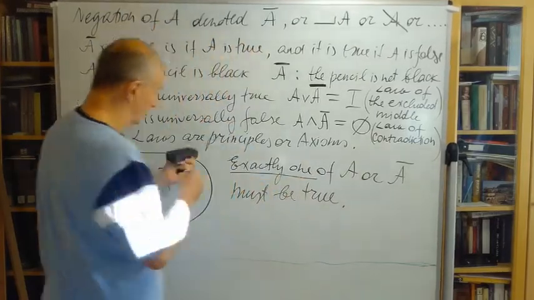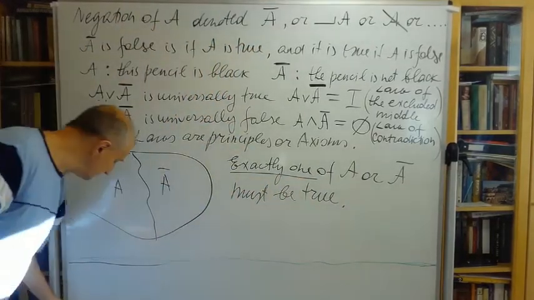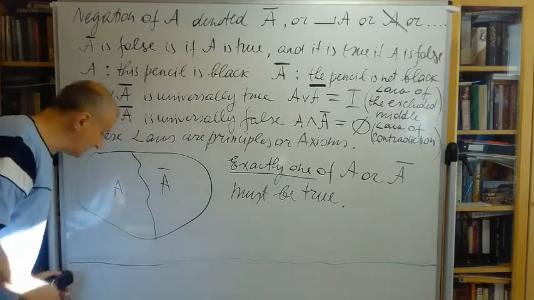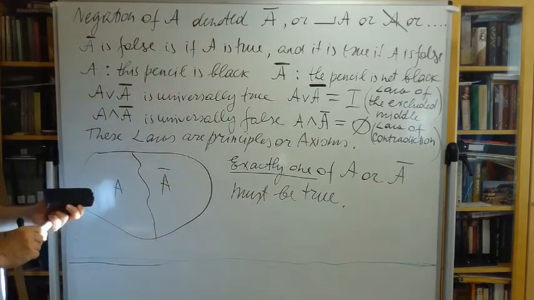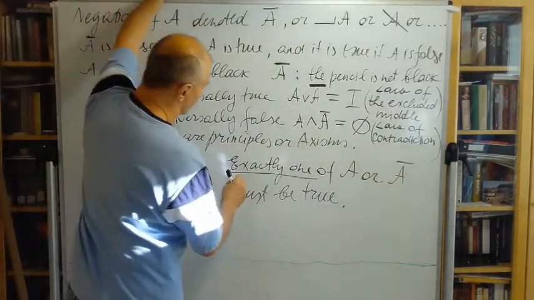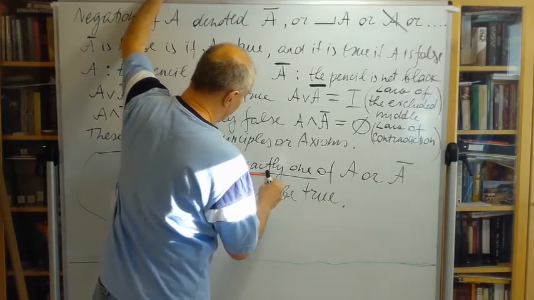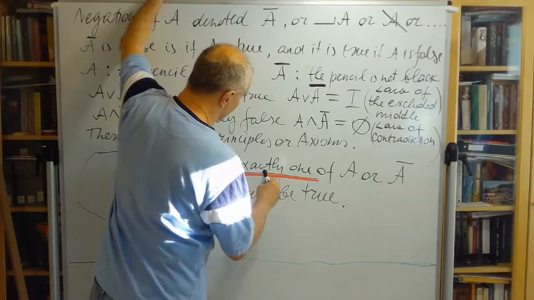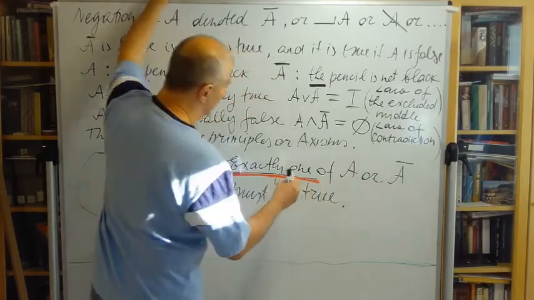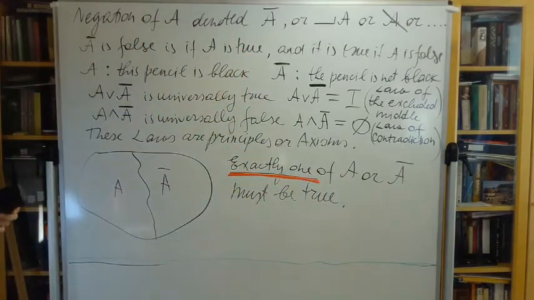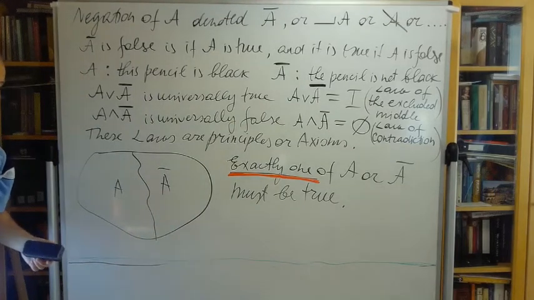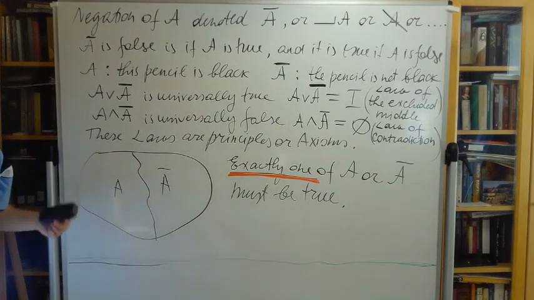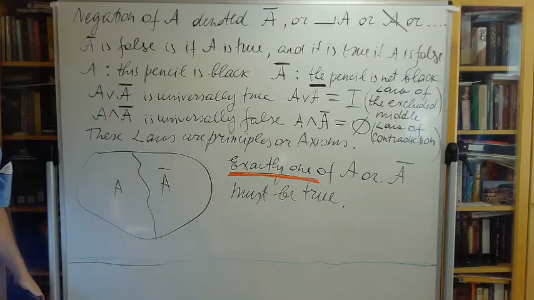Exactly one. These are important words. I will also underline them in red to show how important they are. If I just say one of them is true, it says nothing, because one of them doesn't say anything about the other, yes? In everyday speech we do not say exactly one. Do you have a dog? Nobody will tell you, I have exactly one dog. Some people who want to be precise say, I have one dog.